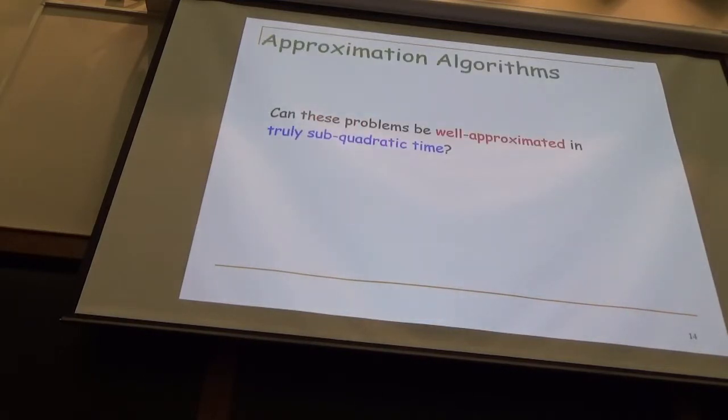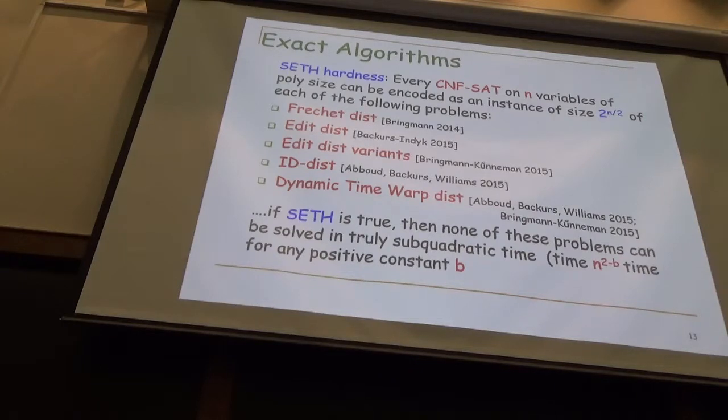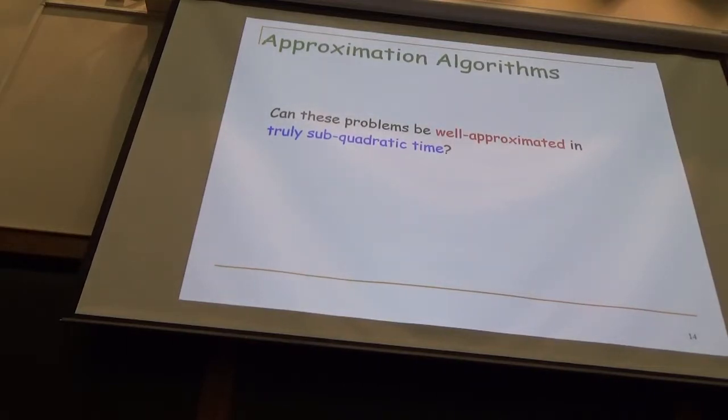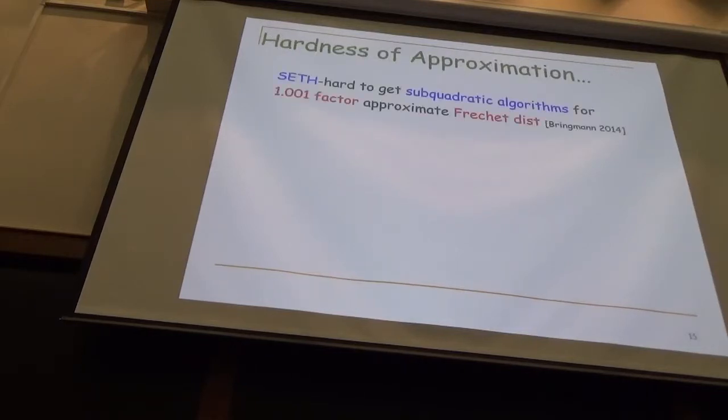Okay, well, so let's leave that as an open problem, whether these things are doable in better than quadratic time exactly. But then say, if we can't solve that problem, then what happens if we are willing to settle for an approximation? Can these problems be well approximated in truly subquadratic time? So there are some results on the hardness of approximation.